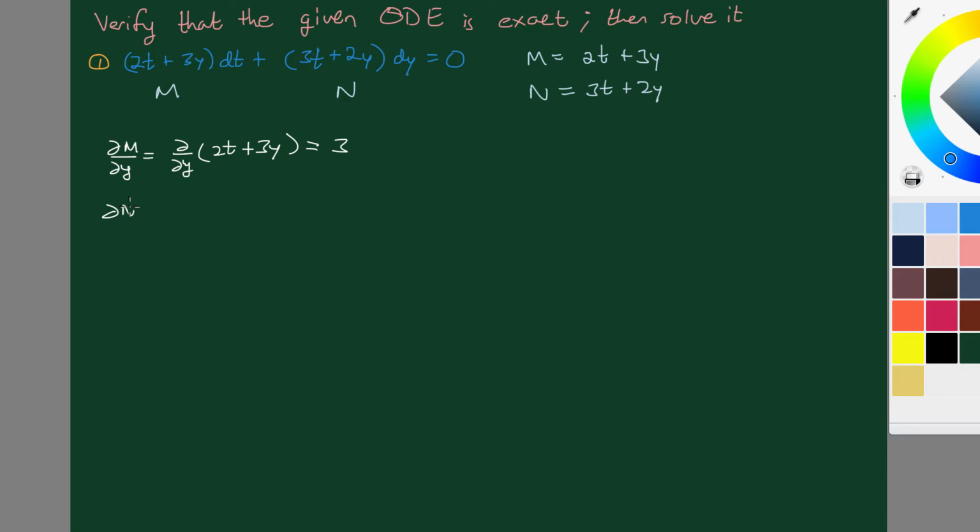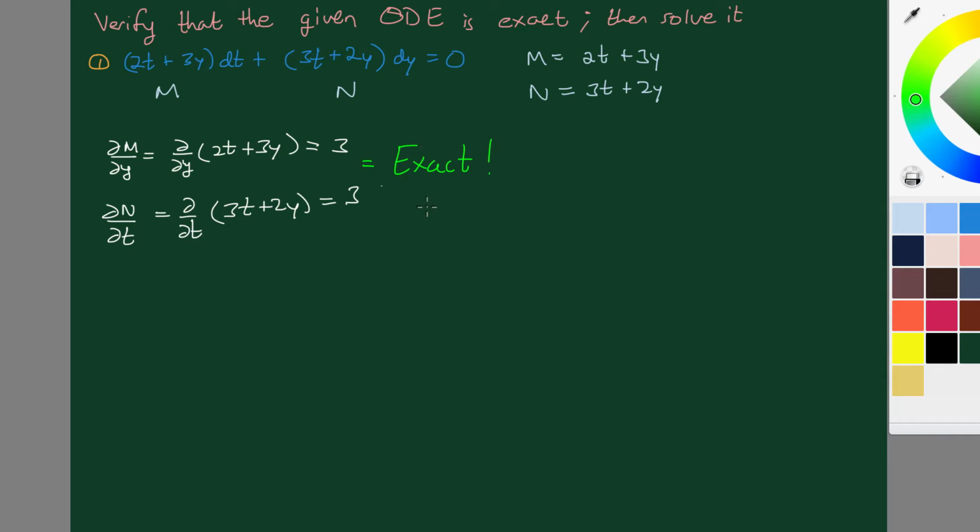Now, dn dt is equal to d dt of 3t plus 2y, and that's also going to be equal to 3, right? So these two are equivalent. Now, since they're equivalent, that means that the differential equation is exact, right?